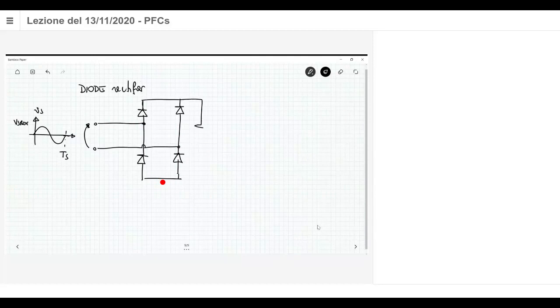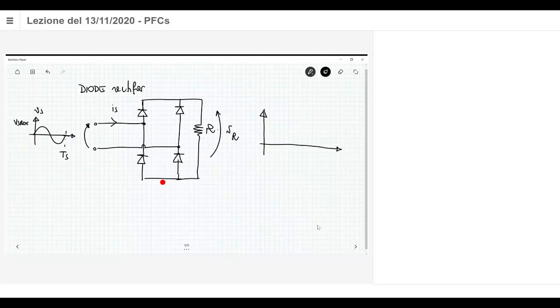And then you have, for example, a resistor R. This is the current IS. What happens to the voltage across the resistor? The voltage here, let me call it VR, is a rectified voltage.